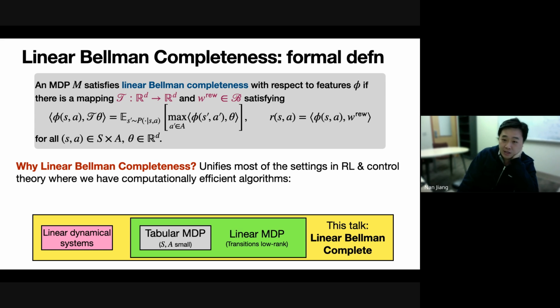And that abstraction itself, when you view it as a linear feature, satisfies Bellman completeness, but it doesn't put a low rank assumption on the transition. So it's also like linear completeness set minus linear MDP.